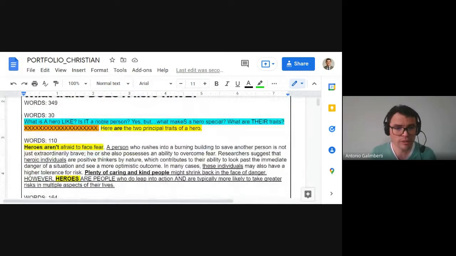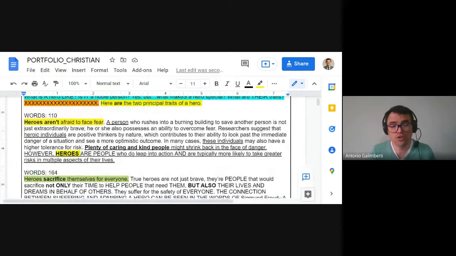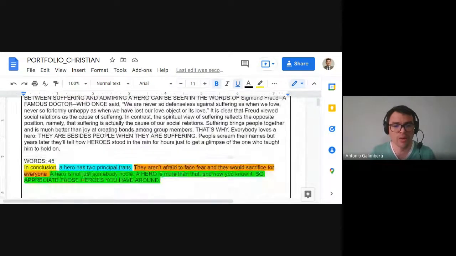So, in conclusion, make sure you have a hook, background information that gives me context or allows me to identify the concept you will be explaining. Then a thesis statement, two topic sentences. If you're not talking about the future, you should be using the simple present to talk about facts. Make sure that you repeat key words to differentiate the different content that you include in a paragraph.